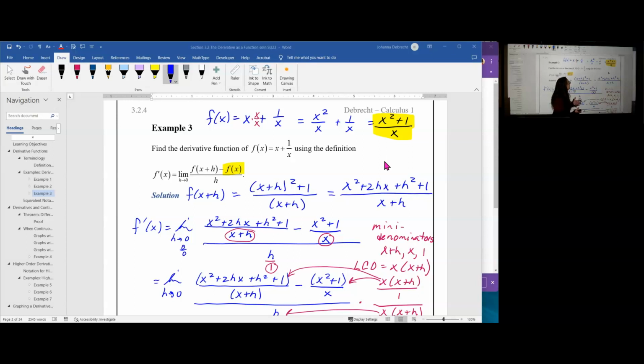I could instead have found the derivative of the first term x and the derivative of the second term 1 over x separately. And when I have their derivatives, combine them together by adding. Believe it or not, even though it's doubling the work of the derivative and the difference quotient, it would result in much simpler calculations. Let's now talk about equivalent notations.